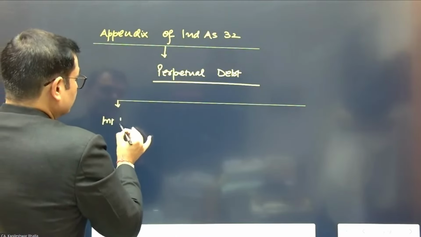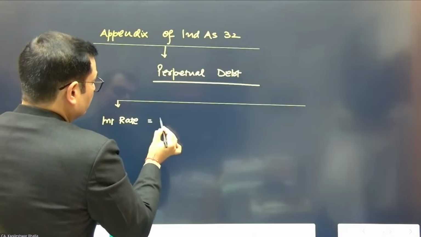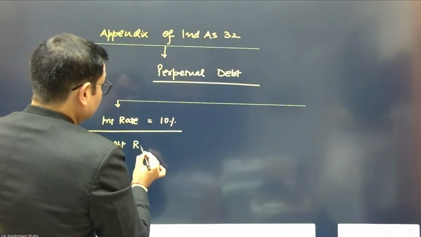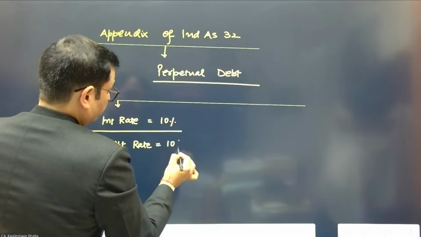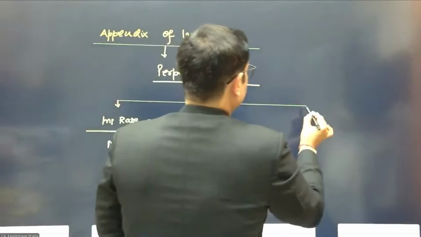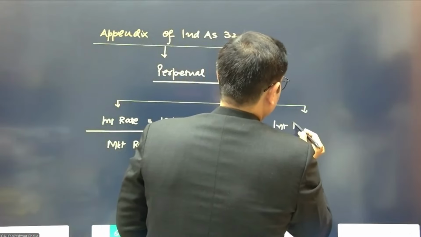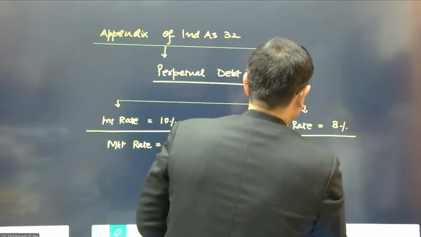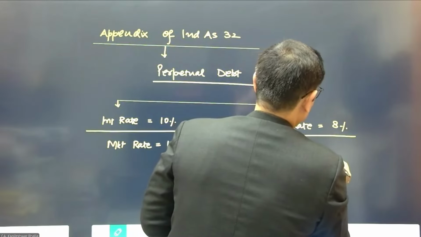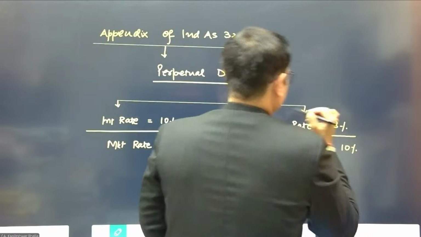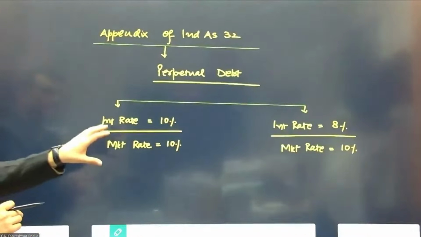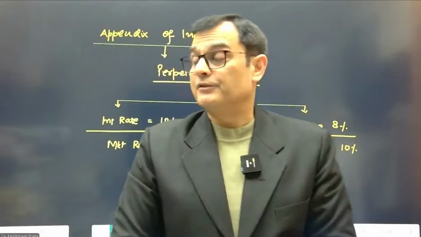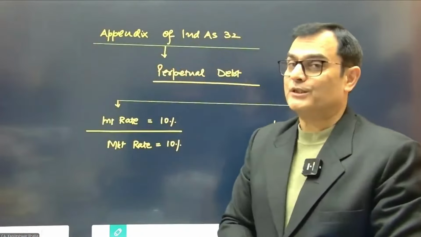In the first case, the interest rate on a perpetual debt is 10%, and the market rate is also 10%. The second case they've discussed is where the interest rate is 8%, and the market rate on a perpetual debt is 10%. You can see the cases carefully.